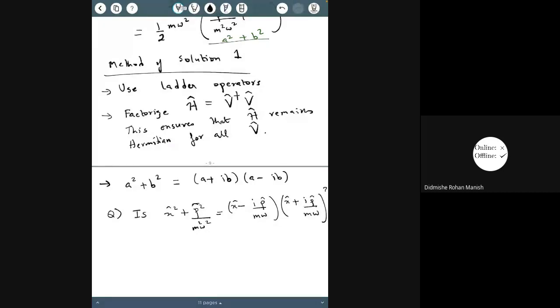That is the question. Now, if it is so, then we can, of course, directly factorize it. But let's see. So we look at the right-hand side.